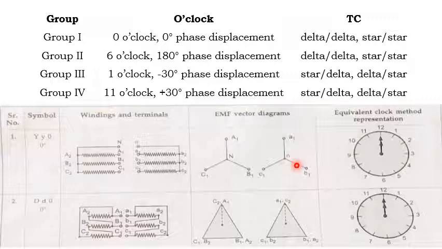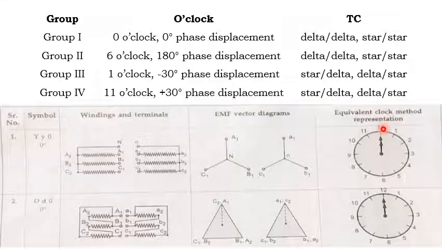And here is the equivalent clock method representation, so both have 0 phase difference. 0 phase difference means the minute hand and hour hand are overlapped on each other. So in this case we can consider 0 o'clock, because this is the 0 point.